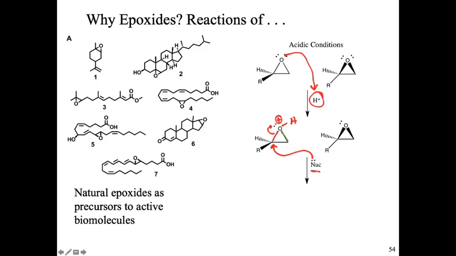Which substrate? More substituted. The nucleophile attacks the more substituted position. The end result, if we draw out our structure, our oxygen is now at the less substituted position, and our nucleophile is at the most substituted.